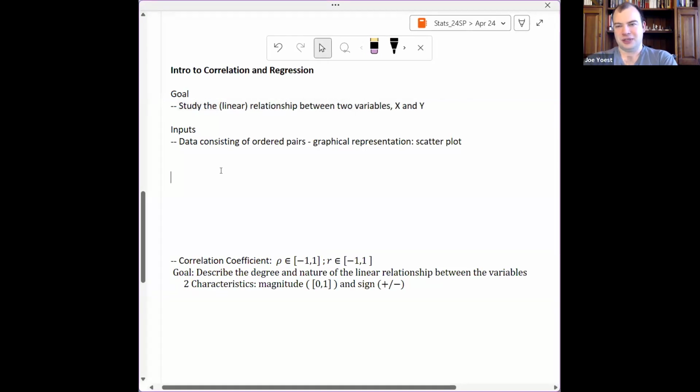Okay, so intro to correlation regression. The goal of this chapter is to study the relationship between 2 variables, x and y, and in particular the linear relationship. Our data is ordered pairs.